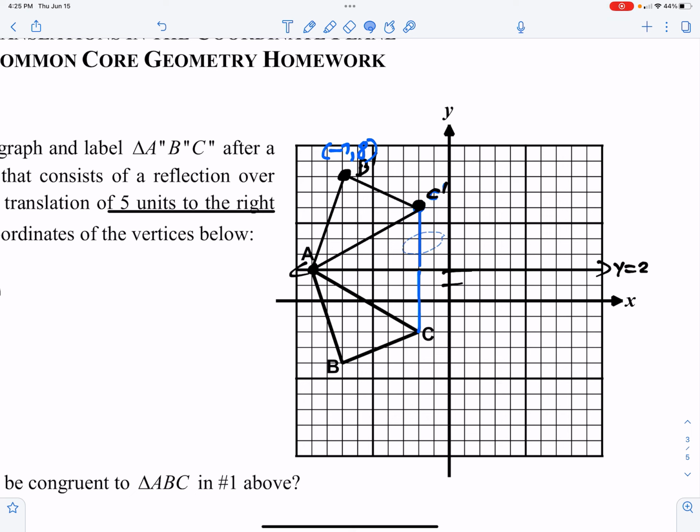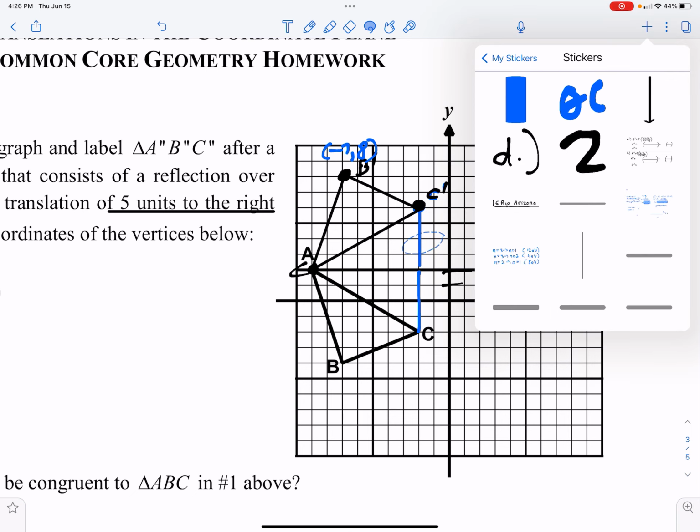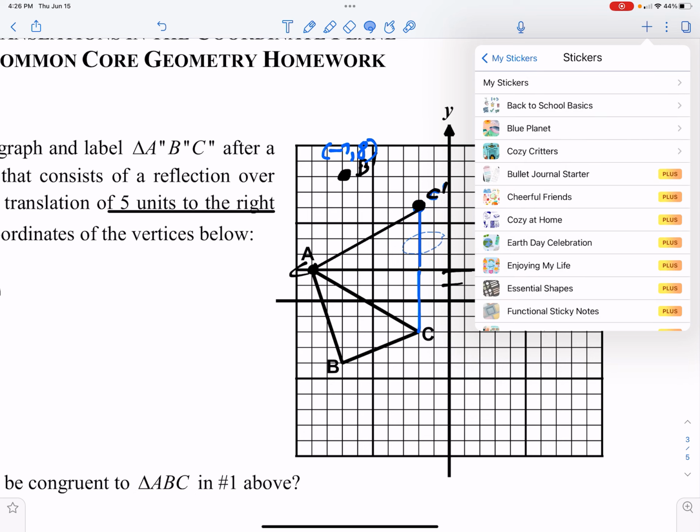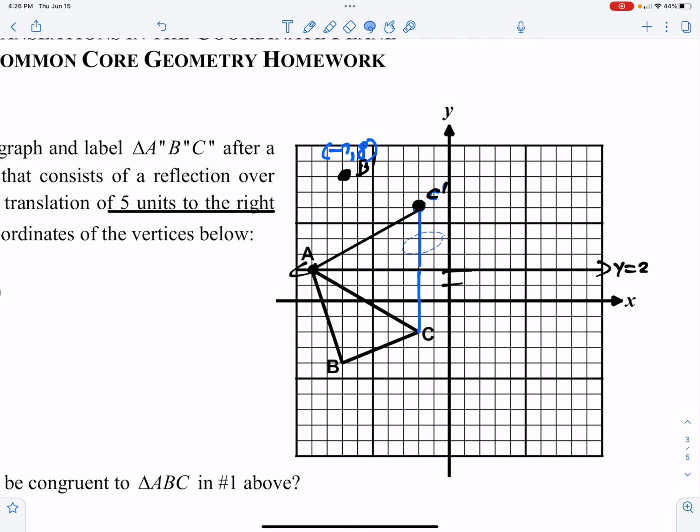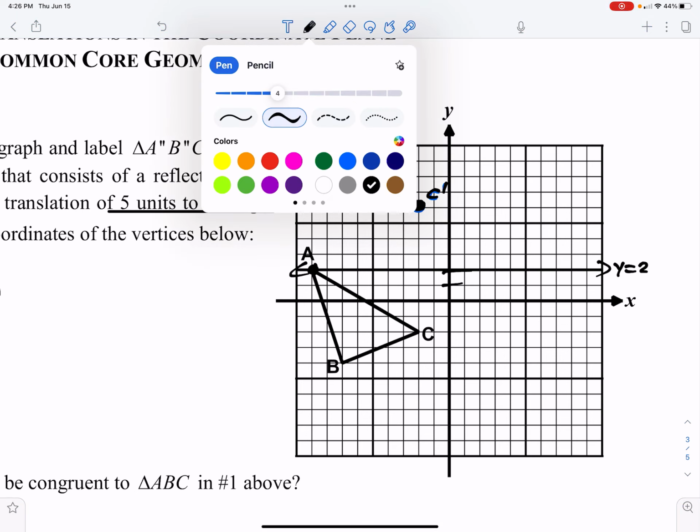Okay, and now what we're going to do is take this and put it in a different color just to make it stand out a little better.